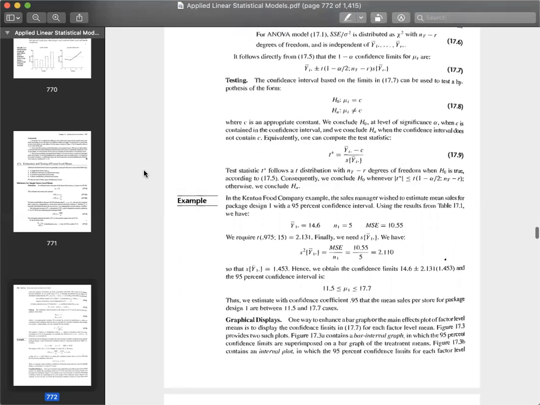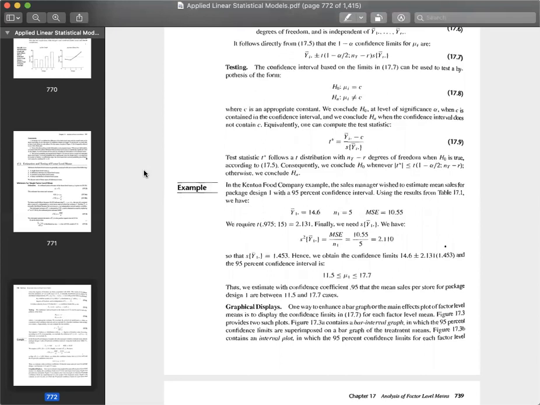The confidence interval based on the limits can be used to test a hypothesis of the form H naught: mu i equals c and the alternative hypothesis of mu i not equaling c, where c is an appropriate constant. We conclude the null hypothesis at level of significance alpha when c is contained in the confidence interval, and we conclude the alternative hypothesis when the confidence interval does not contain c.